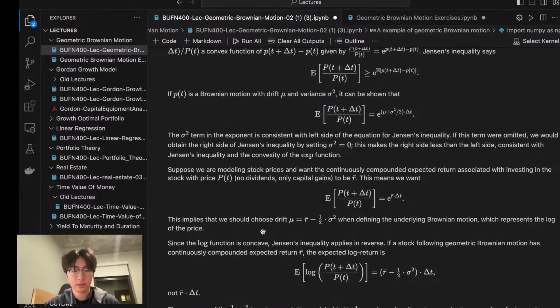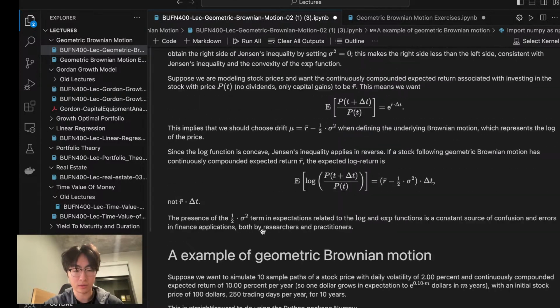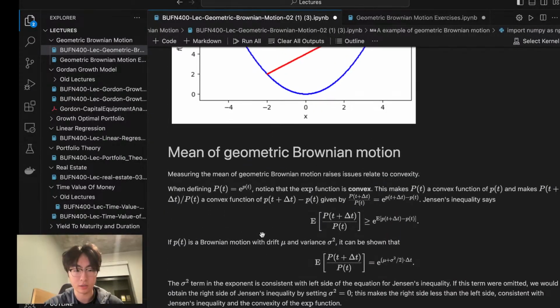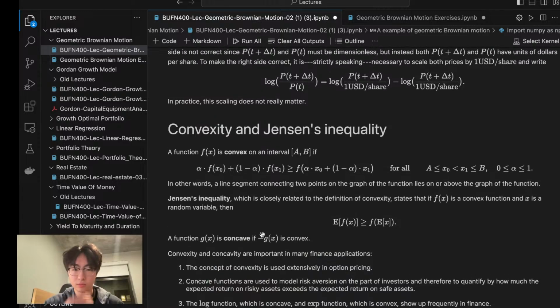Alright, so I have to remind myself of how this mu calculation and variance works, right?